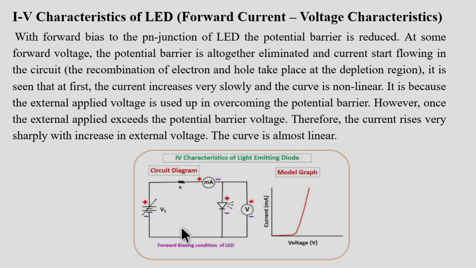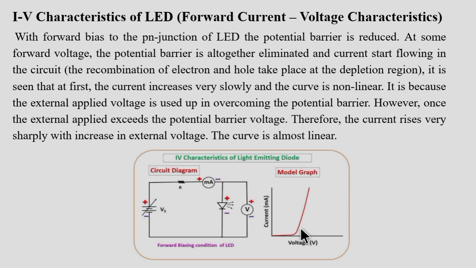Now this is the circuit diagram: applied voltage, milliammeter, and this is the LED. You have to measure the voltage if you want to study the forward current and voltage characteristic, which means how current varies with respect to voltage.